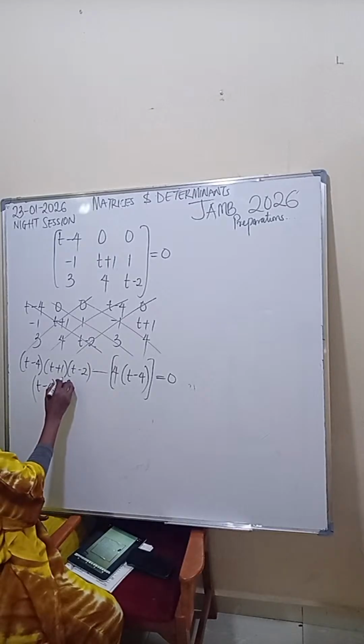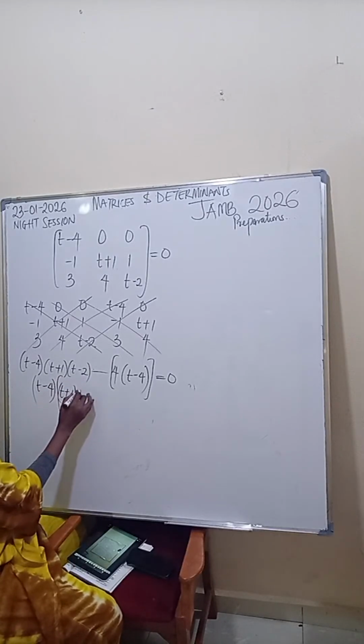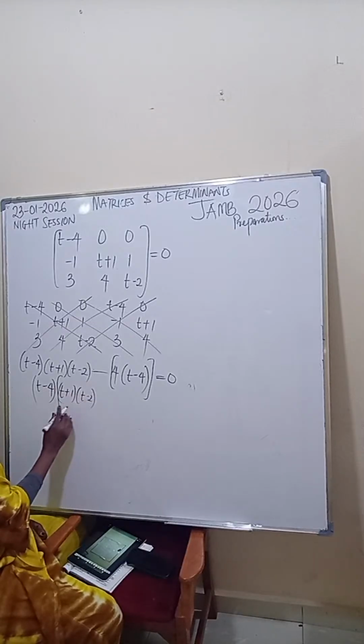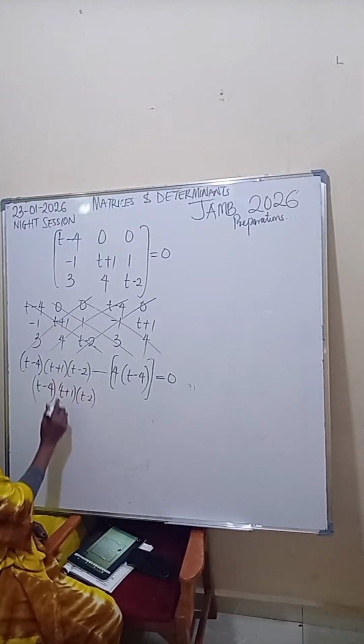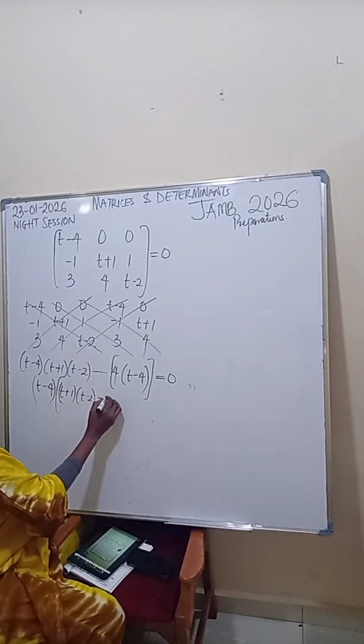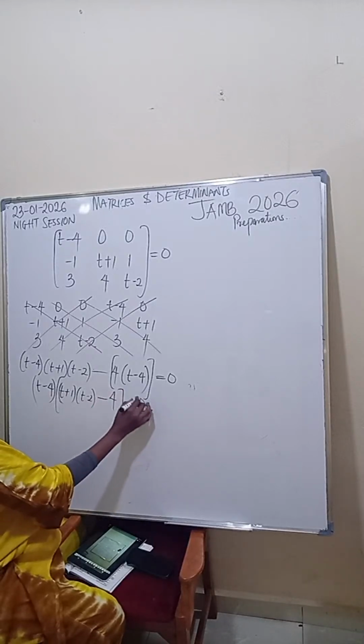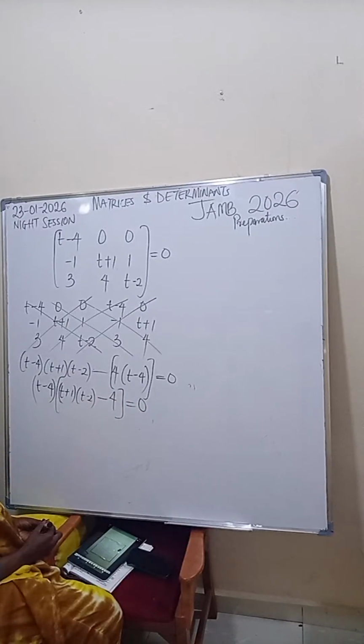That's so interesting. So here we are left with t plus 1, t minus 2, right? Okay, we have t minus 4. So here we'll be left with minus 4, right? Equal to 0.